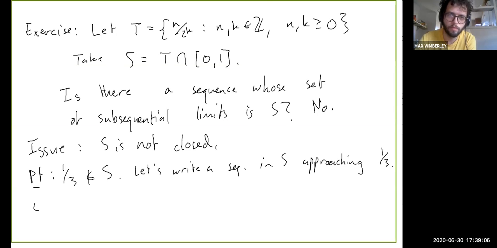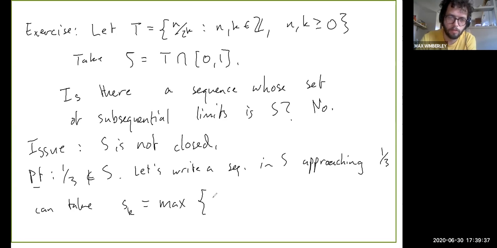So we can take, let's say, Sn equals the maximum of the set of, or actually instead of Sn, I'll call it Sk, just for consistency.